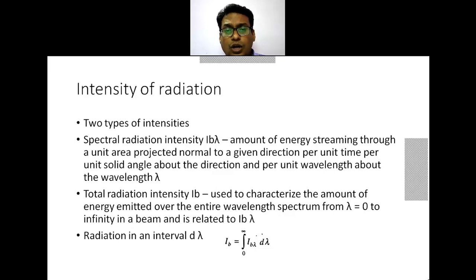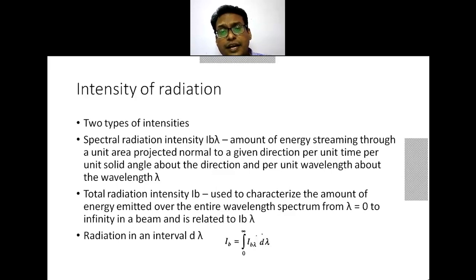The spectral radiation intensity IB lambda is defined as the amount of energy streaming through a unit area projected normal to a given direction per unit time per unit solid angle about the direction and per unit wavelength about the wavelength lambda.